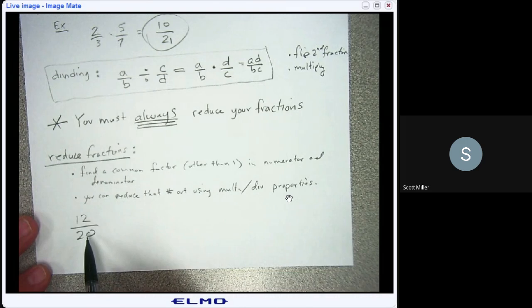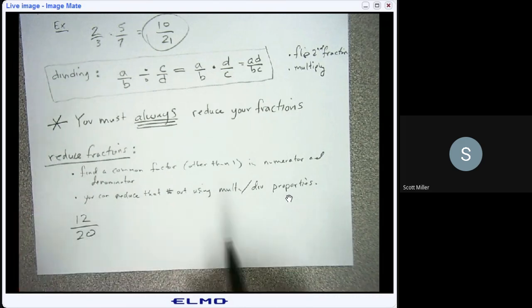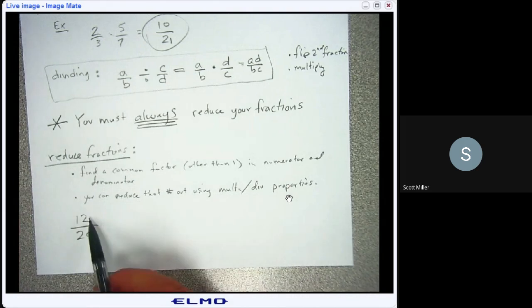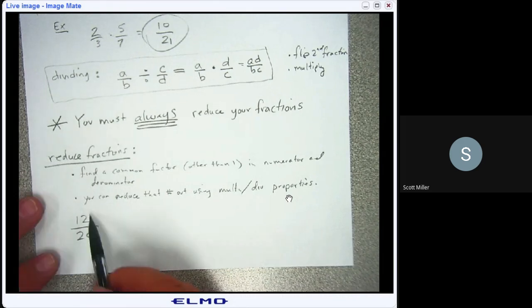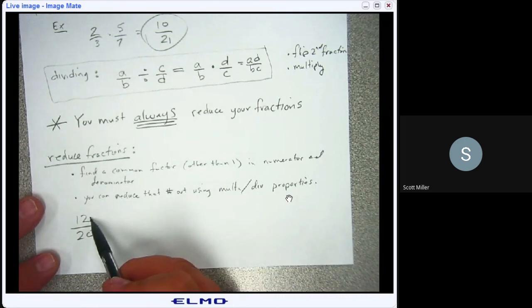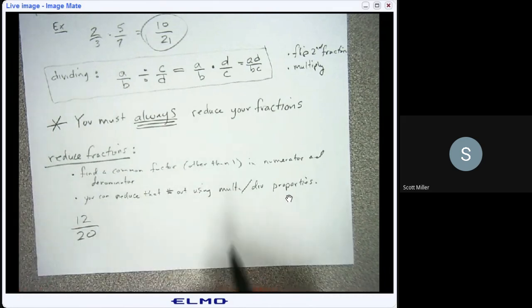Okay? And if you can't see the biggest one, find any one. Is there any number that goes into both 12 and 20 that you can see? Now, you may see one number, you may see other numbers. Like, for example, we know that 4 goes into 12, and we know that 4 goes into 20. But let's just say, for the sake of argument, that you did not see that one.